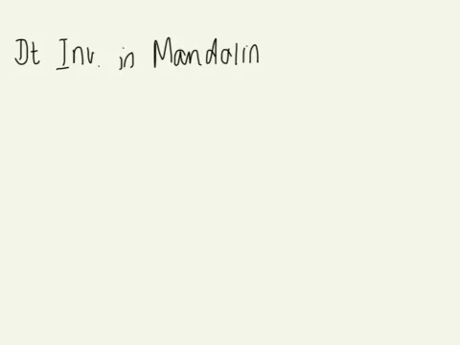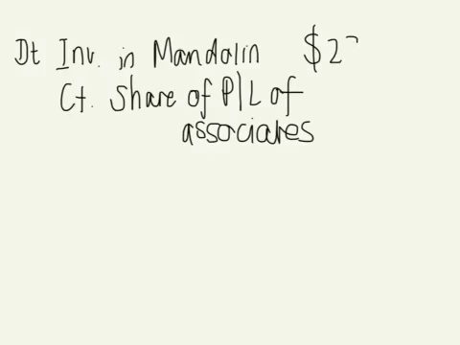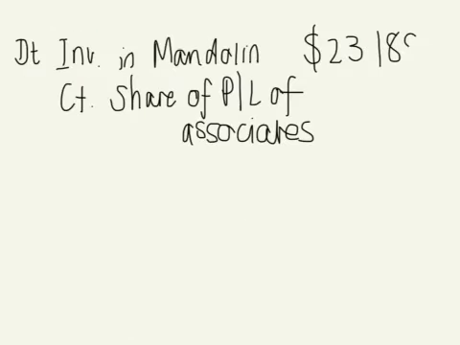Okay, so let's look at the journal entries that we'll pass in this example. First of all, with regards to our share in the associate's profit and loss, we would debit our investment in Mandolin and credit share of profit and loss of associates, and the amount was 23,185.